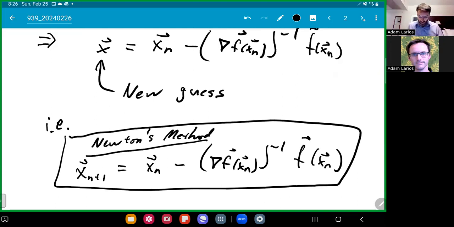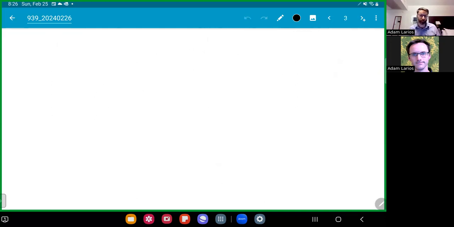Great. Okay, so let's see how to prove that this converges, and more importantly, maybe under what assumptions it converges. So we'll have some standard assumptions on the function f.